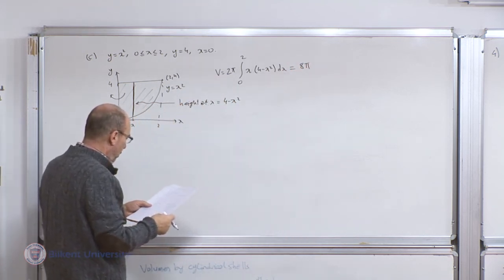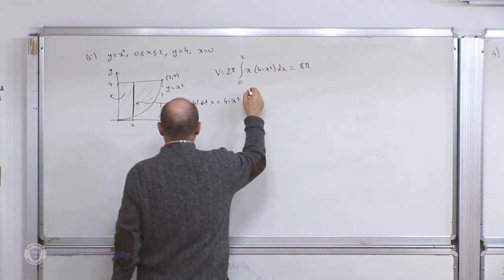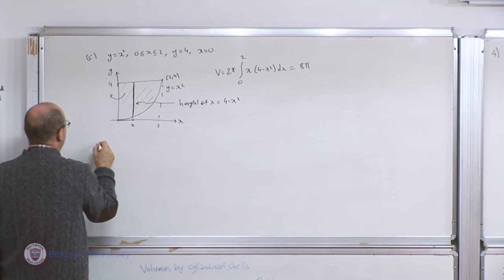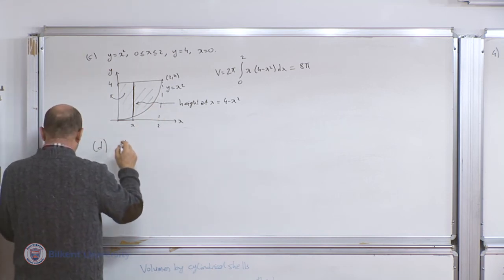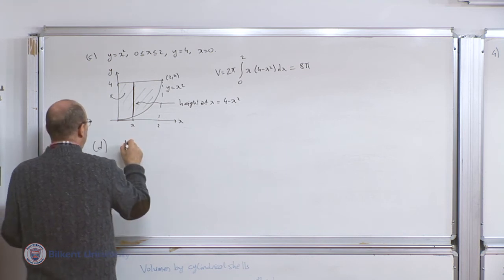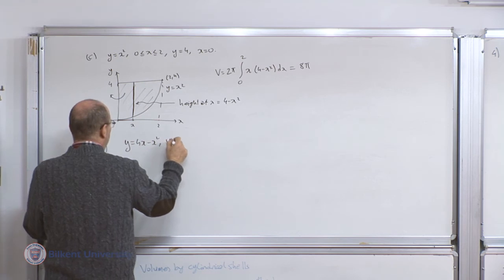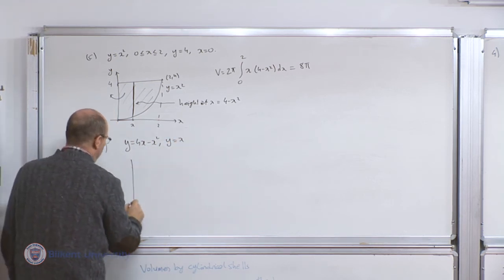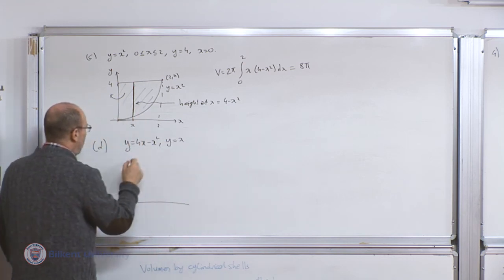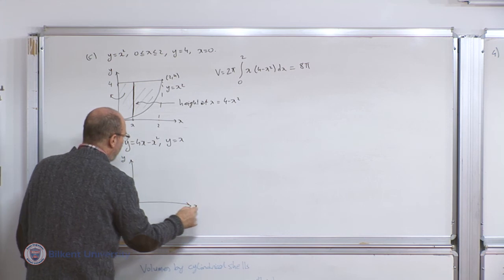Let's do another one here, because now I want just to set up the integrals. So here the functions are y equals 4x minus x squared, and y equals x. Let's draw the figure. It is claimed here that they enclose a region.